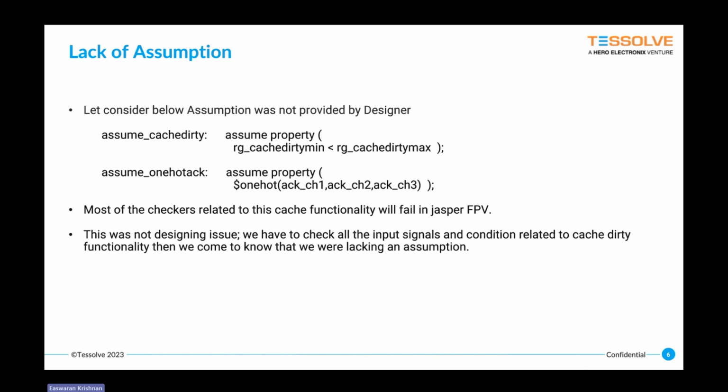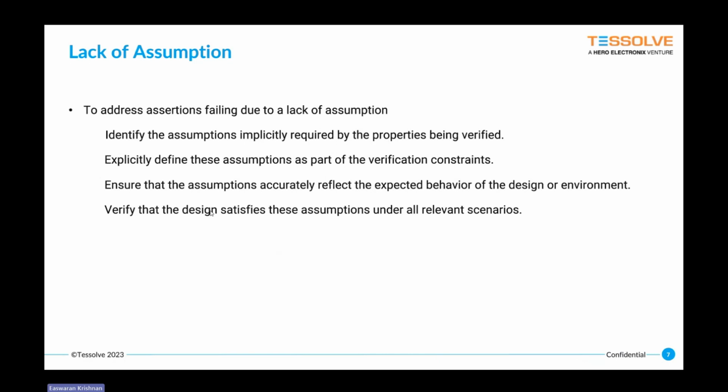Now moving to the third one. To address these assumptions, we have to follow these steps. First, we have to identify the assumptions implicitly recorded in the properties being verified. Then we have to explicitly define these assumptions as constraints.